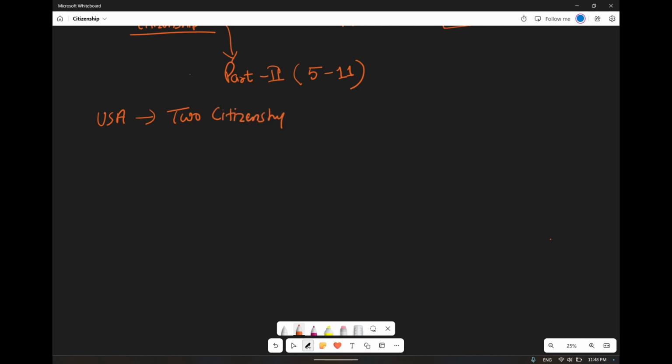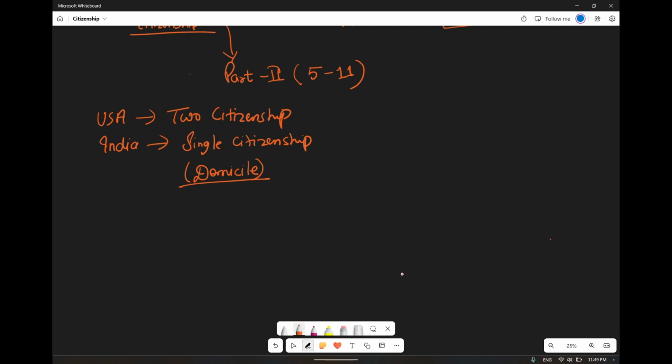But in our country we have only a single citizenship. With respect to states we have something called a domicile, but with respect to the country we have single citizenship.